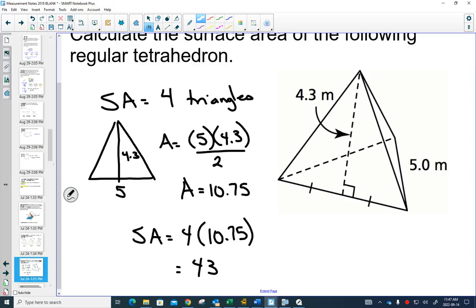I just did the surface area of the one triangle. Oh, I see what you're thinking. This is just the height of this triangle, 4.3. The base all the way across is 5. We found the area of one triangle to be 10.75. The area of all of them will be 4 times this.